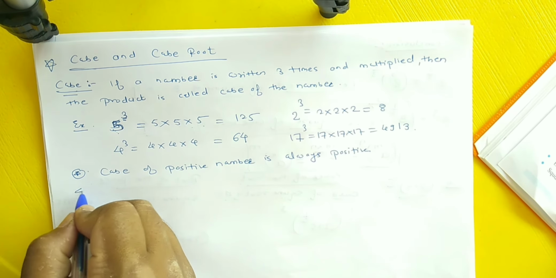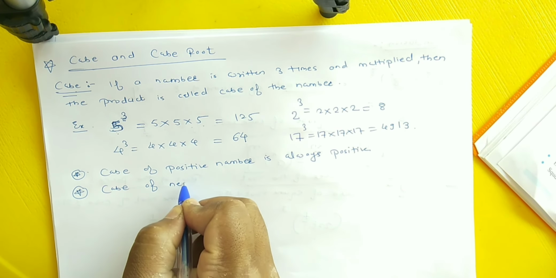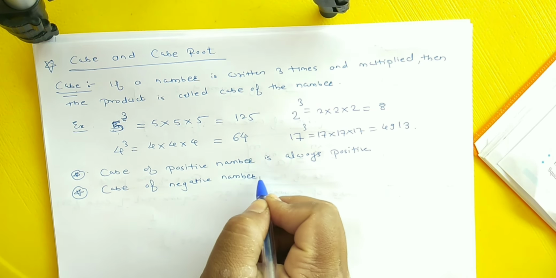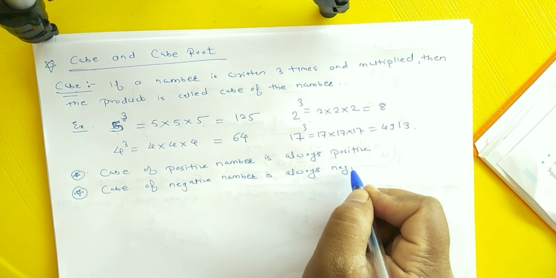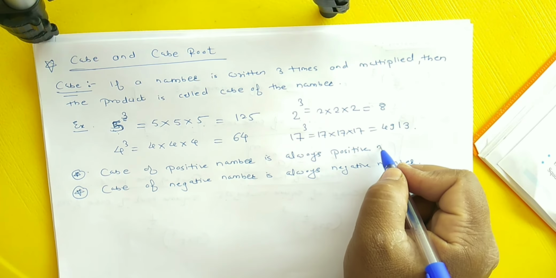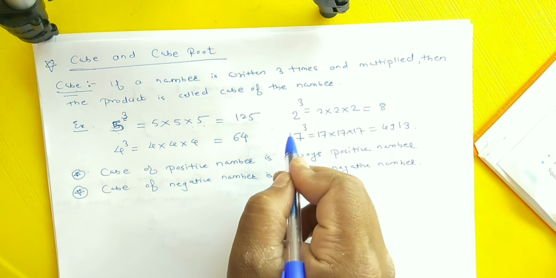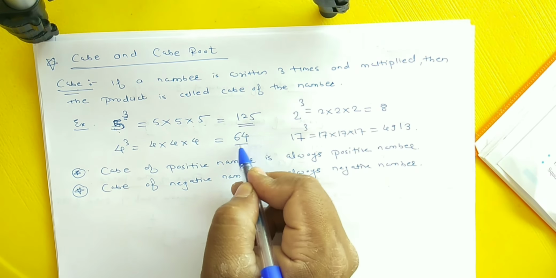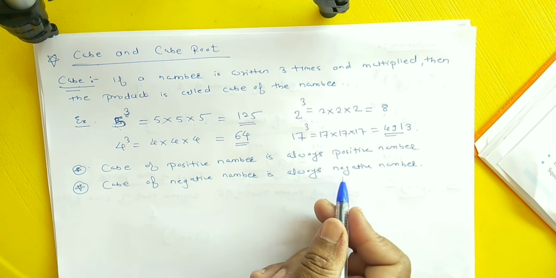And second, the cube of a negative number is always a negative number. We already found the square of all the positive numbers, so the cube of all positive numbers becomes positive, and the cube of a negative number is always negative.